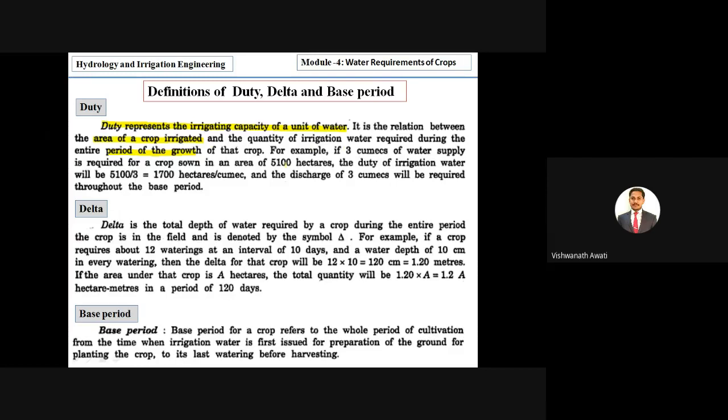For example, if the area is 5100 hectares and for the complete growth of the crops in this area 3 cumecs of water is required, then the duty of that area is 1700 hectares per cumec. That is total area divided by discharge; you get how much area one cumec can cover. And the discharge of 3 cumecs will be required throughout the base period.